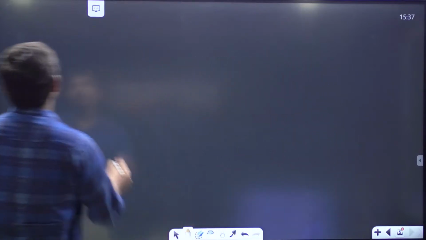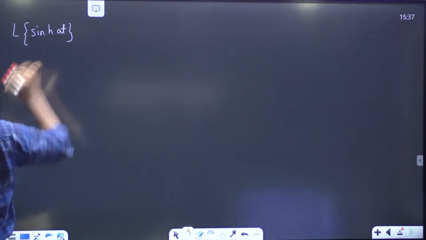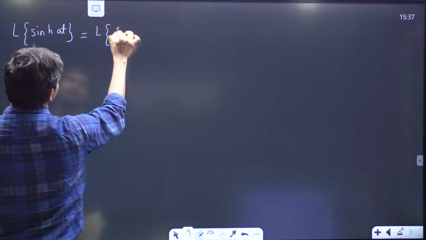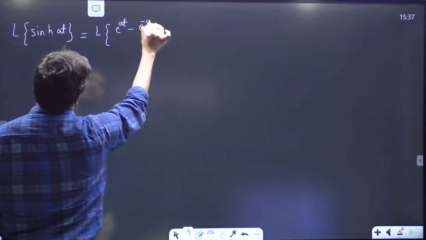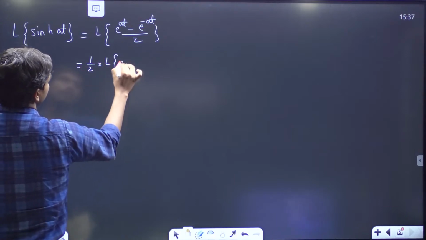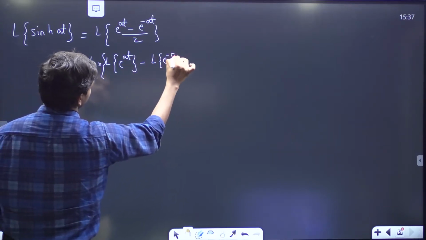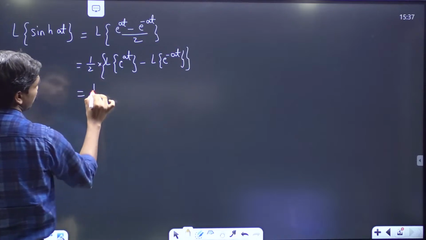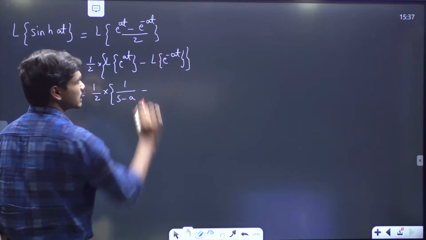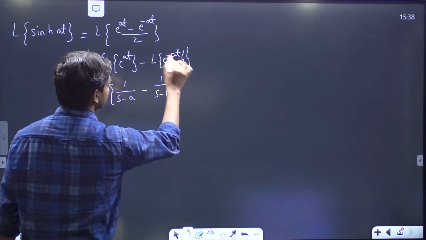Next, could you tell me what is Laplace of sinh at? Sinh, the hyperbolic of this function, is nothing but e power x minus e power minus x divided by 2. So if you take 1 by 2 common, you have Laplace of e power at minus Laplace of e power minus at. And we know the Laplace transform of e power at is 1 by s minus a, and the Laplace transform of e power minus at is 1 by s minus of minus a, because this minus a itself is the constant here.